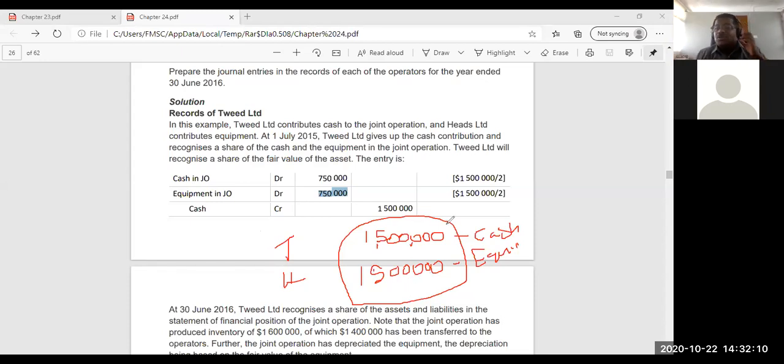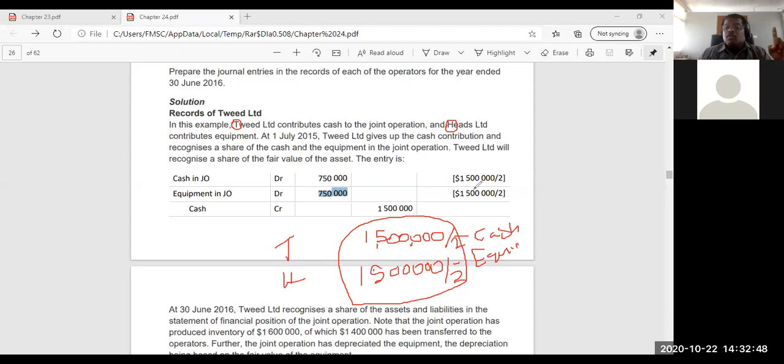So thereby, in the joint arrangement, for these assets, I have the right as the operator. T has the right. Not only T, H also has the right. T has the right for assets and H has the right for assets. You got my point? How many? 50%, half. You divide this by 2.